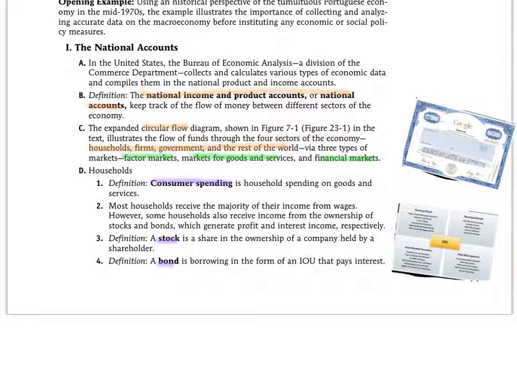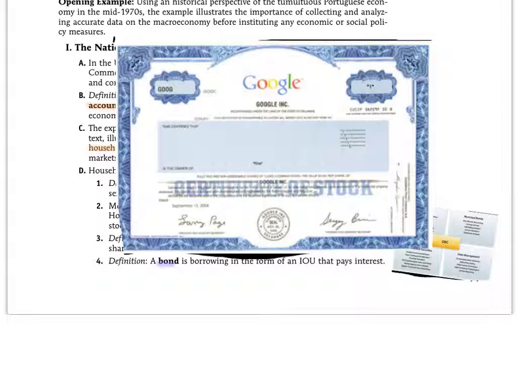And just to showcase, here's an example of a stock. This is Google. It's literally ownership of a company. And they issue stocks to raise capital, to raise money to invest and expand their businesses. And it basically says that you get one share of that company.